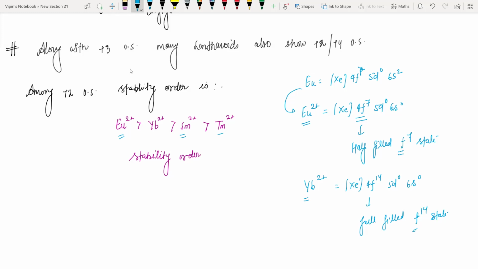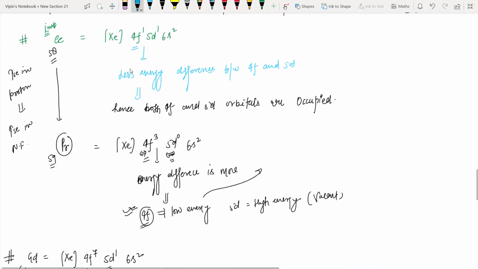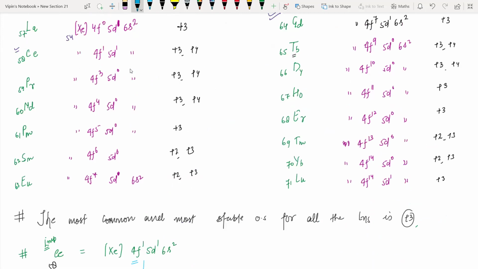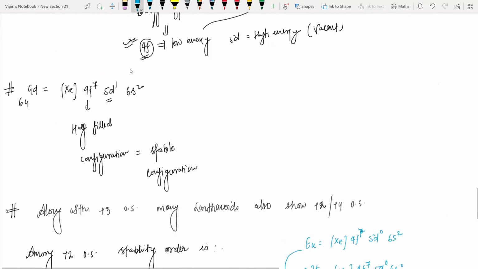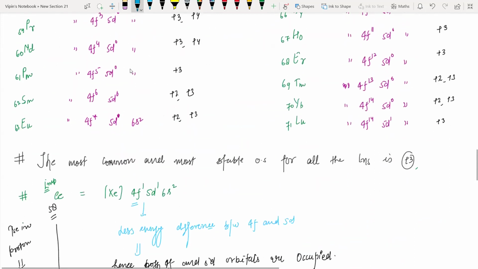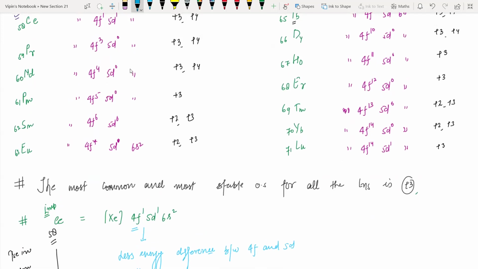In the case of samarium and Tm, samarium 2+ and Tm 2+, here you can see the electronic configuration. In the case of samarium we have 4f6. Sorry, in the case of Tm, we have 4f13.